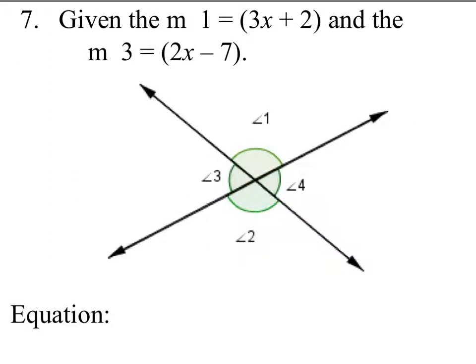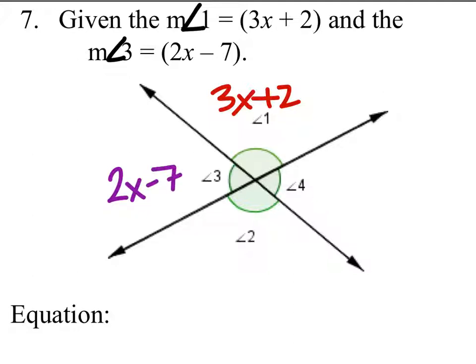So on this one, it says that the measure, that should be angle 1. It just didn't show up right there. Angle 1 and angle 3. All right, so I'm going to write those in actually. I'm going to say angle 1 right here is 3x plus 2. And then I've got angle 3, which is 2x minus 7.